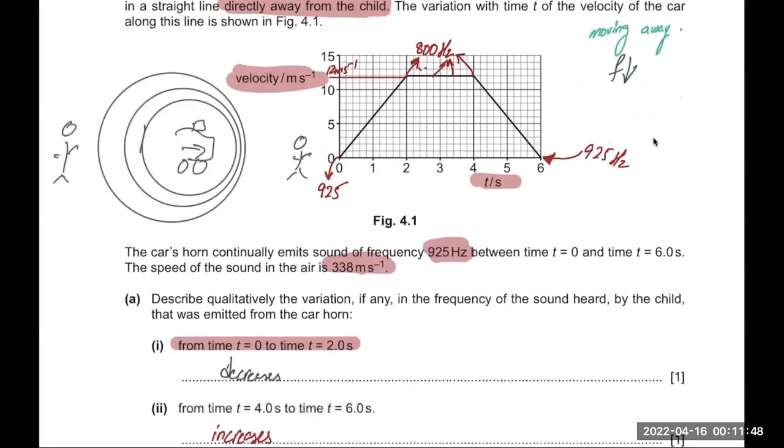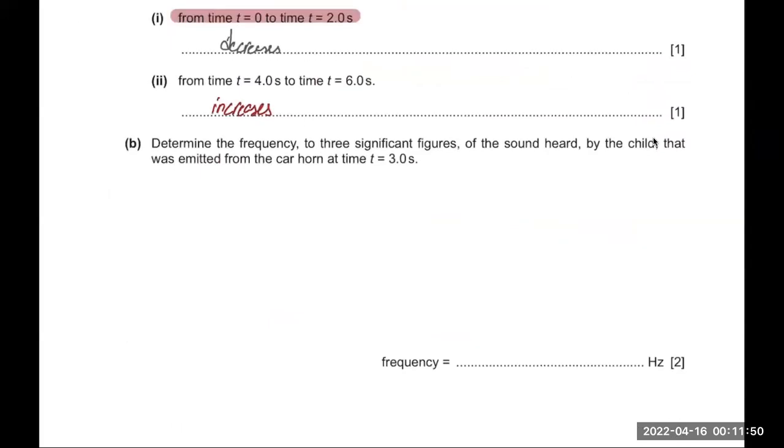All we need to do is use the formula for the Doppler effect. Observed frequency is equal to V over V plus Vs, times Fs. Because it's moving away, you have a positive sign. If it was instead moving towards, you'd use a negative sign. Just plug in the values.